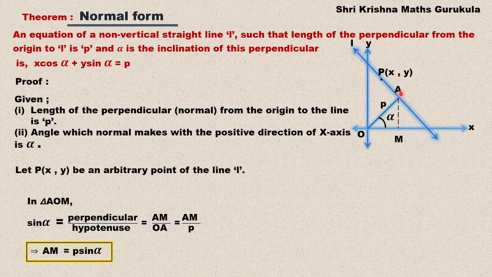In the next step, you will understand what we are actually trying to find. So, we have found AM, that is the y coordinate of the point A. Now we shall find the x coordinate of the point A, which is OM. If I take cos alpha, then this is adjacent by hypotenuse, or base by hypotenuse.